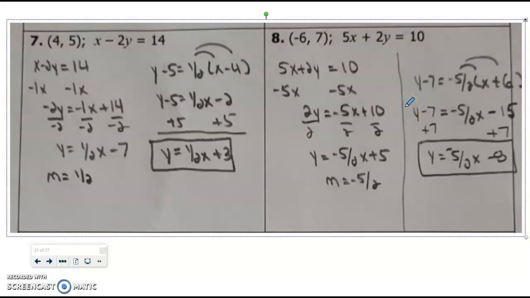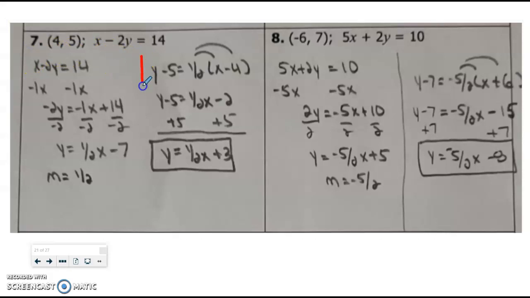And then for 7 and 8, you had to first solve for y in that first equation. And when you finally got y by itself, you got y equals 1/2 x minus 7, with a slope of 1/2. So you use the slope of 1/2 and the point at (4, 5).